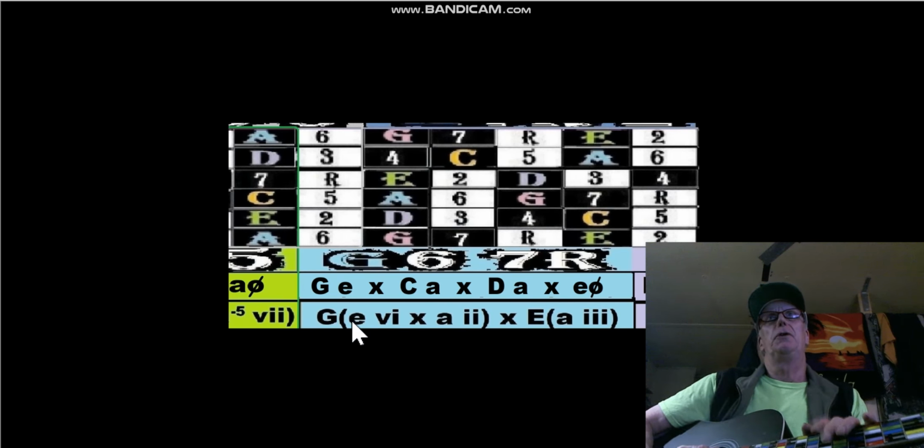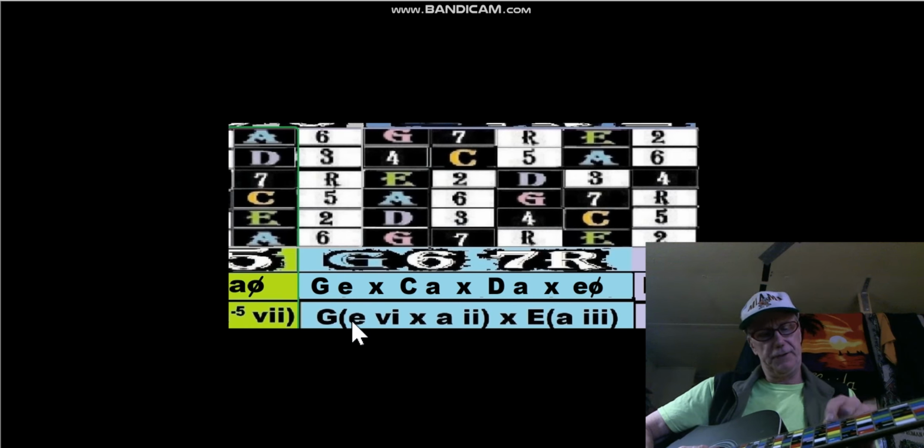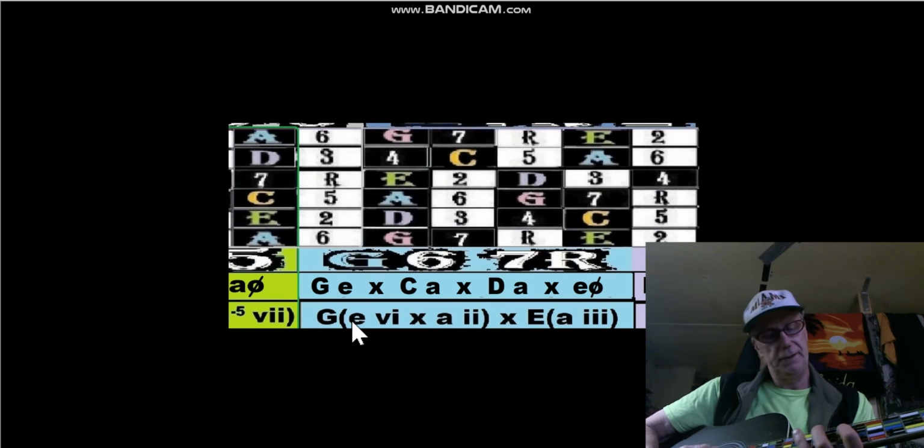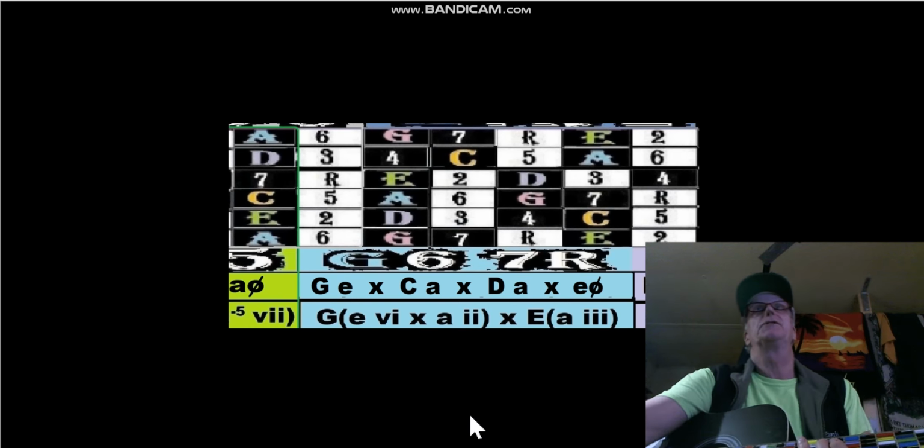Okay, so if we reassign root as the 6, it would be root 2, 3, 4. The root is going to be the 6 minor, the 4th is going to be the 2nd minor, and the 5th is going to be the 3rd minor. So that's where we have an E minor shaped 6th.